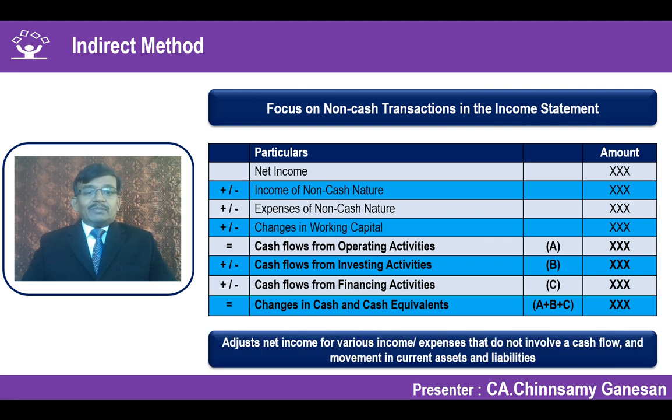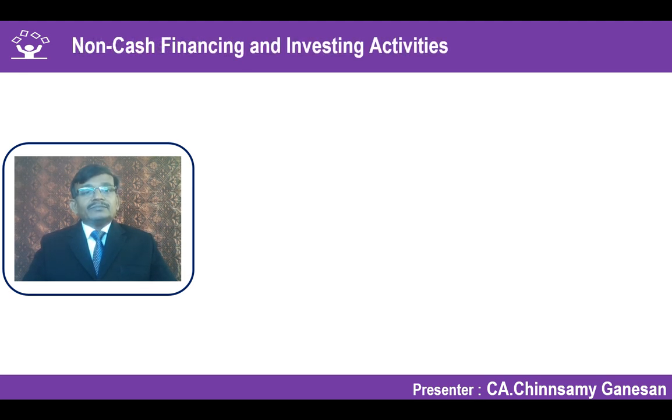So the indirect method is the preferred method because we adjust for all incomes and expenses which do not involve any cash outflow. That's what we have seen even in the template for identifying the cash flow changes.